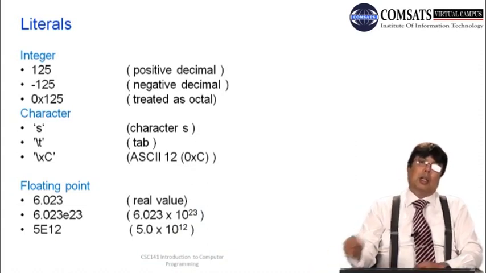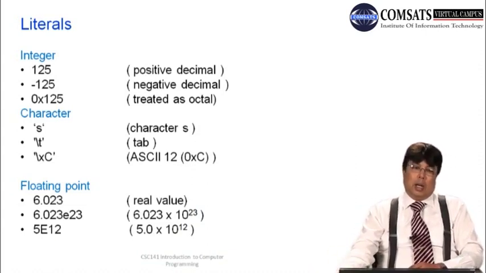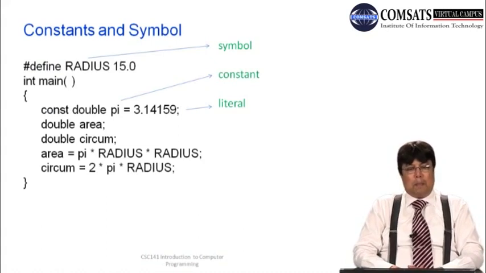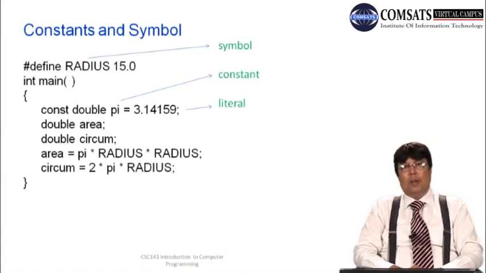So what do preprocessor directives do? For example, here we have used #define radius 15.0. So we have defined a name for a constant, and we named it radius. Since we have defined it using the define directive, it is called a symbol.